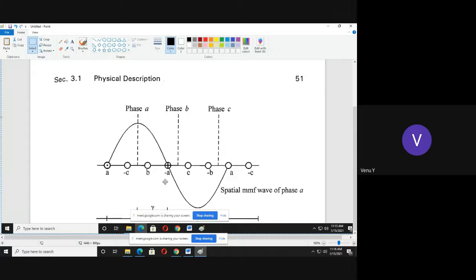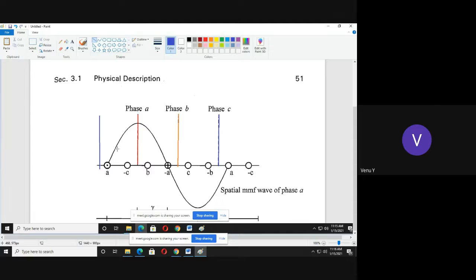Here, this is phase A, right? And this is phase B. And here is phase C. In the rotation, if you cut it, you may find phase C here also.